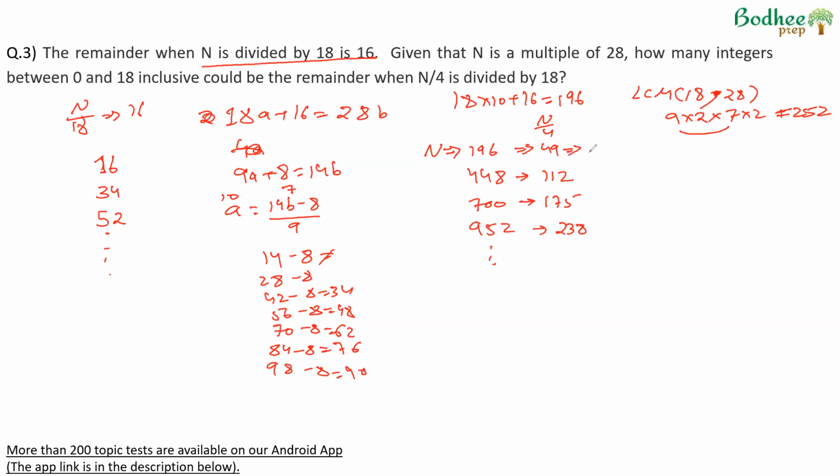Now if we divide these by 18, 49 divided by 18 will give a remainder of 13. Now, if we look at 63 divided by 18, 18 threes are 54, so we get a remainder of 9.